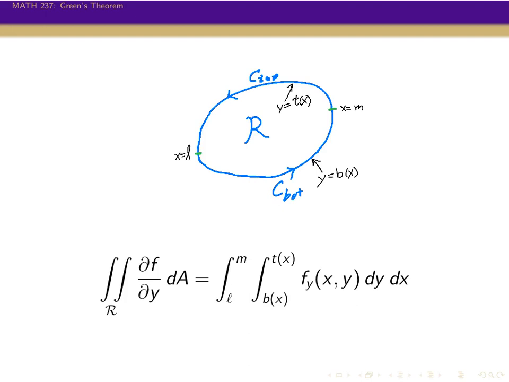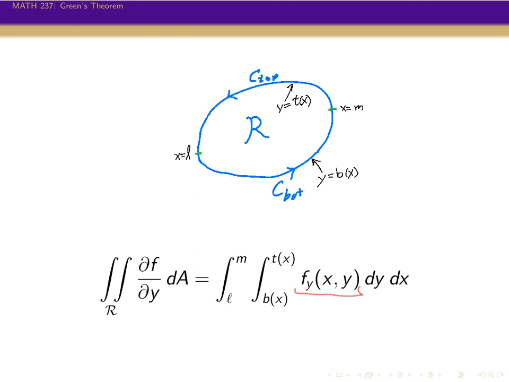Now if we look at the inside integral, what are we integrating? Something that's a partial derivative in terms of y. If we integrate it back in terms of y, we're just going to be undoing that partial derivative.